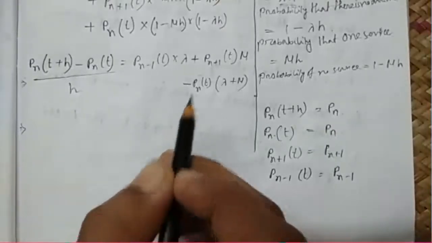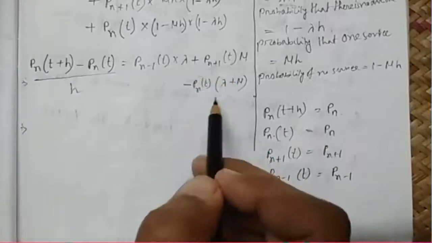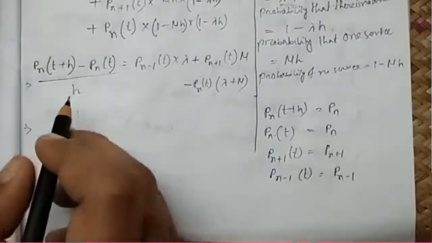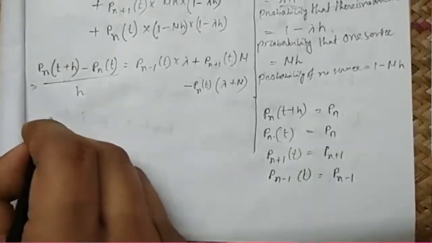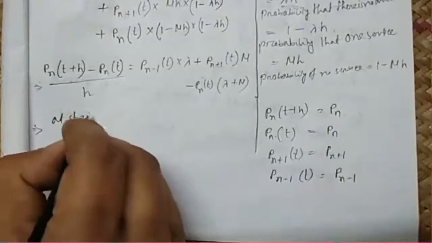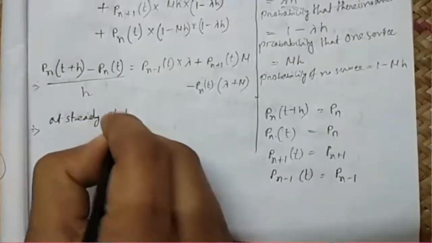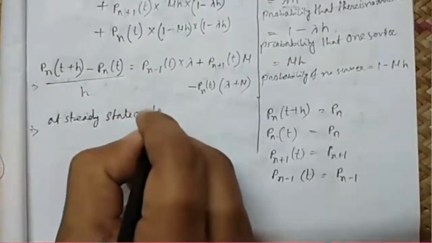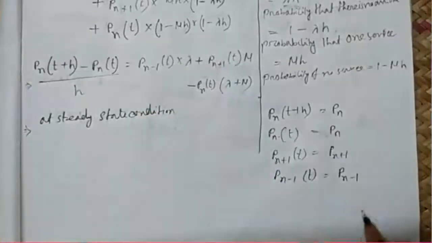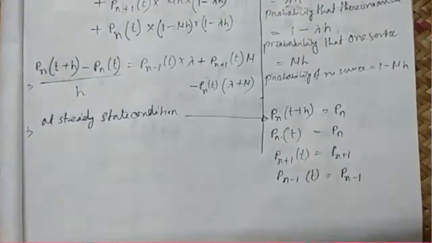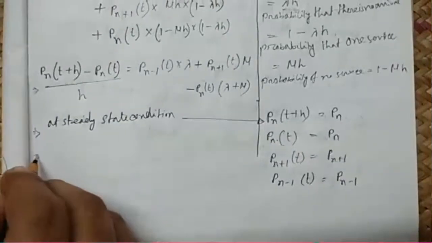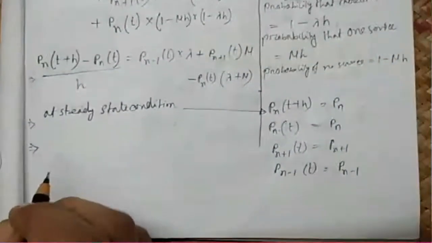Now here these t's will be neglected, and upon rewriting the equation, at steady state condition this occurs.